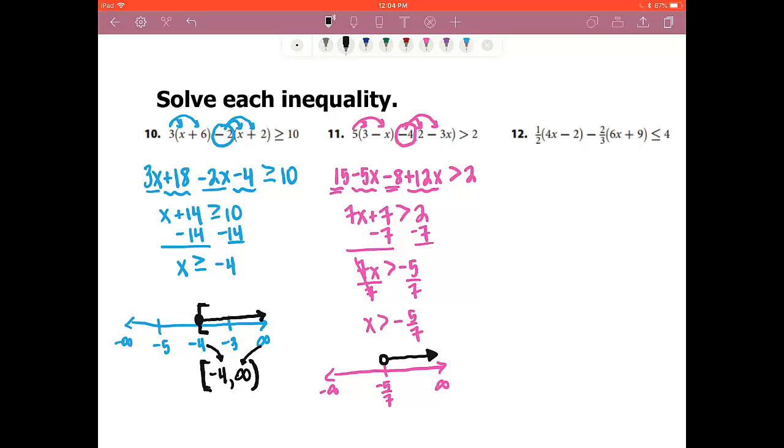X is greater than would shade to the right. So I would have -5/7 on the left, positive infinity on the right. -5/7 is not included, so it's parentheses versus the brackets, and infinity is always a parenthesis and never a bracket.